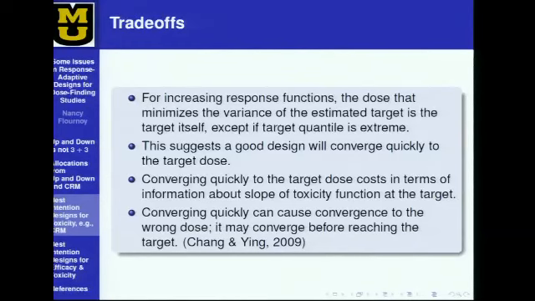And this is true except if the target is a quantile that's very extreme, and then the optimal design may be two points. But that is true only for logistic regression.